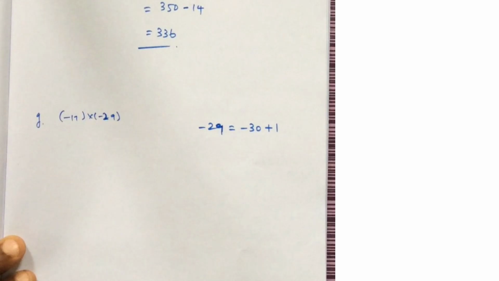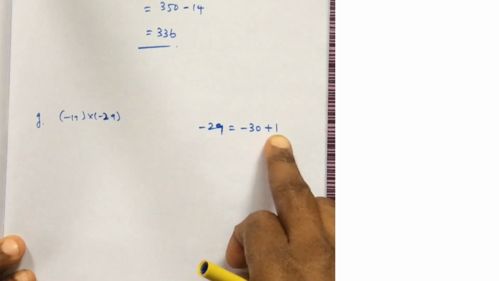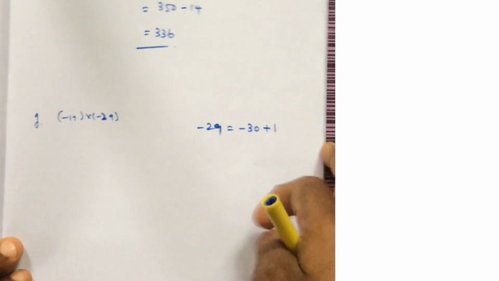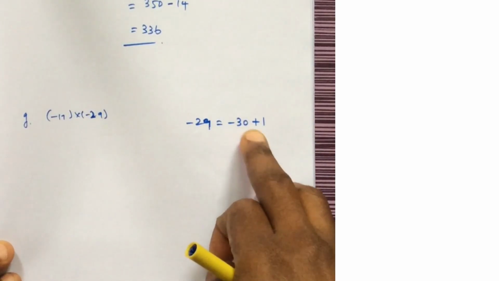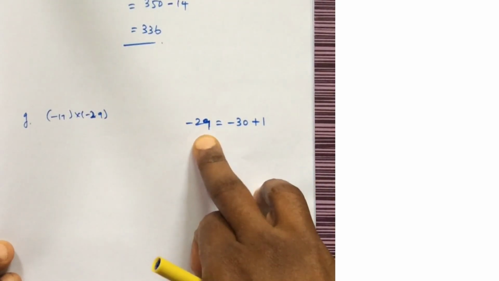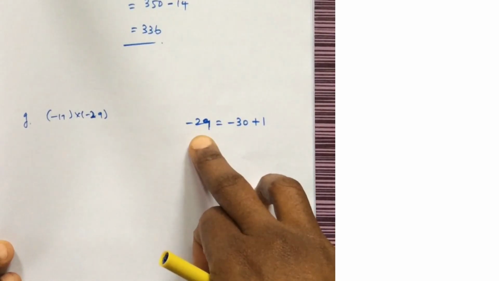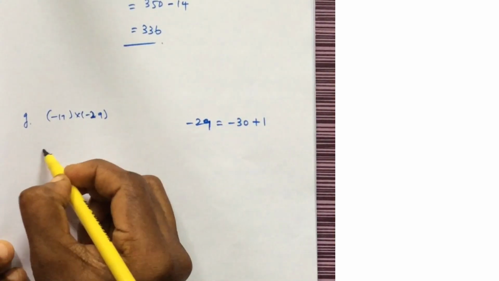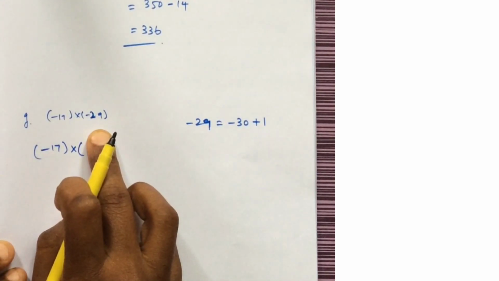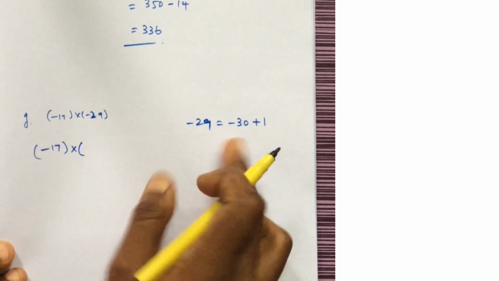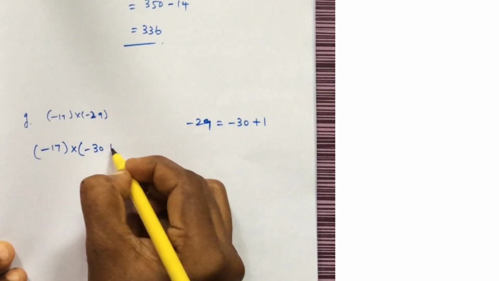Okay, so here one thing is positive, another one is negative, so you have to subtract. 30 minus 1 is 29 and the greater number is minus. What happens here is minus 17 multiplied by, instead of this minus 29, I am substituting minus 30 plus 1.